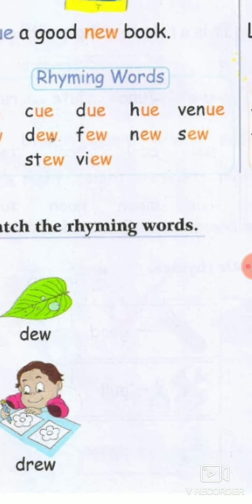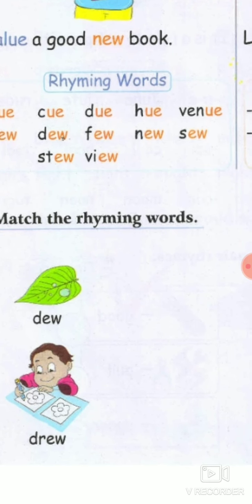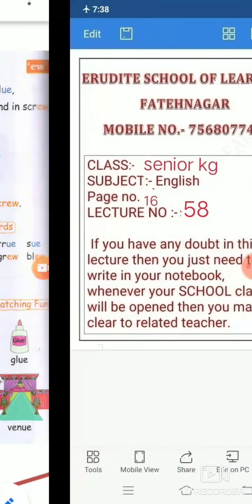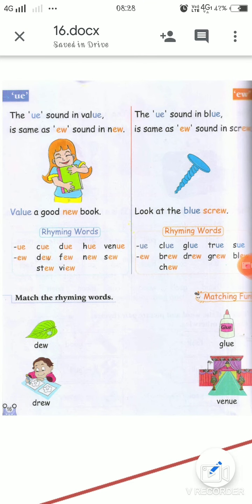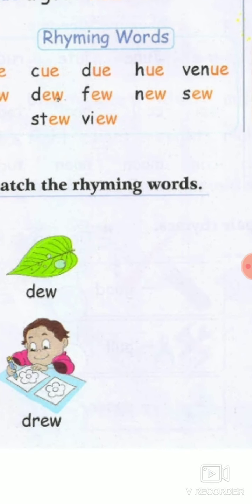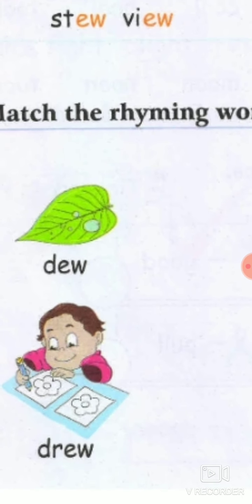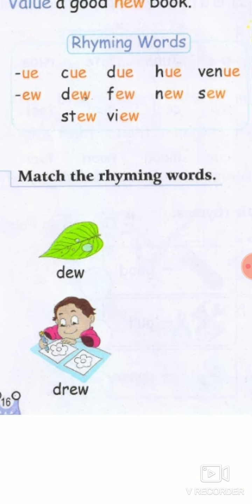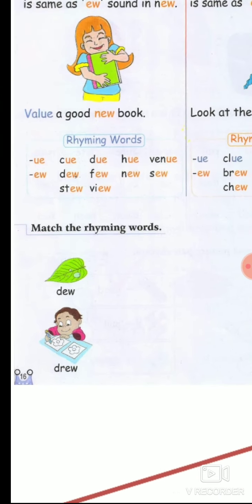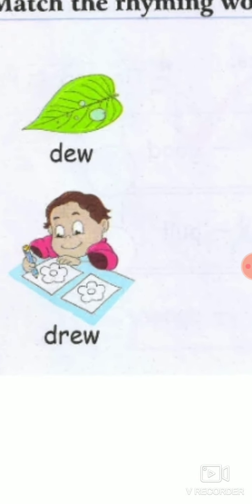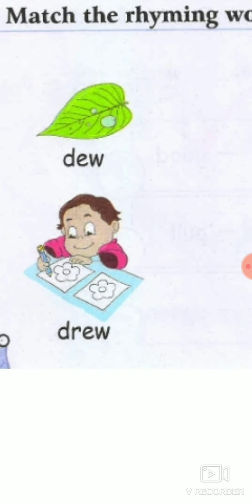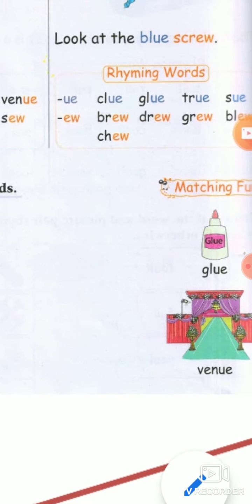Match the rhyming words. What is it saying? Match the rhyming words. Now see here, the first word is DEW, dew. And the second word is DREW, drew. Now come on the next.